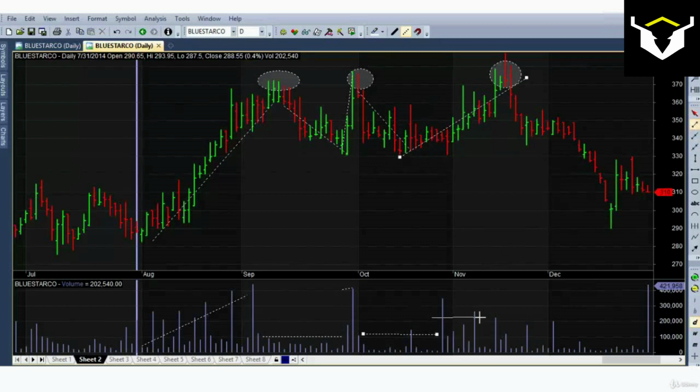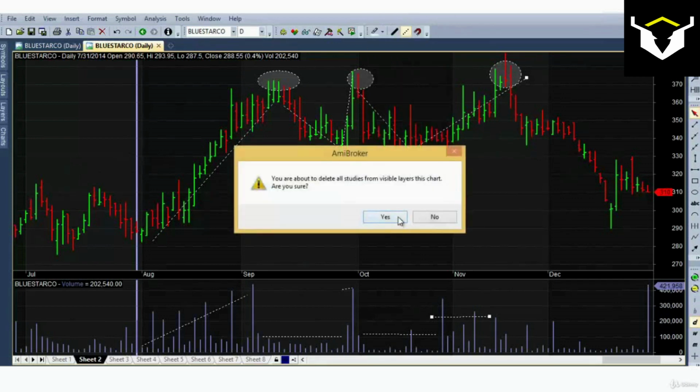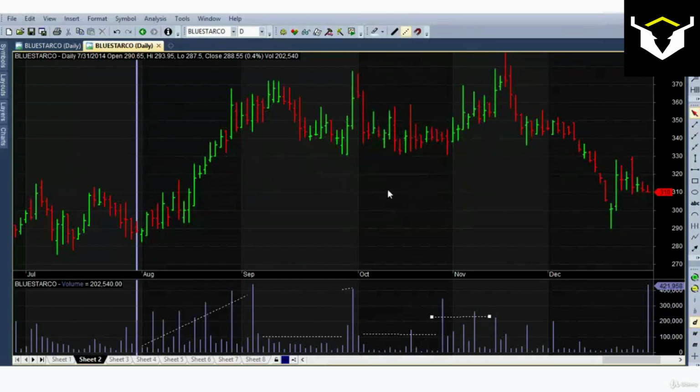But you can see volume is lower as compared to the volume that was made at its previous high. Although this is a new high, volume is lower as compared to the volume at this high and at this high. So although a high is being made, volume is gradually decreasing towards the upside. Now I'll clear all the studies here.